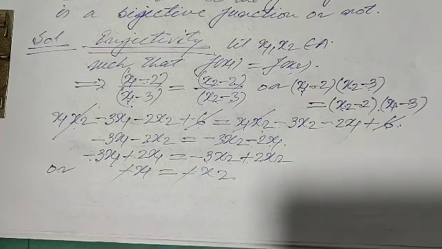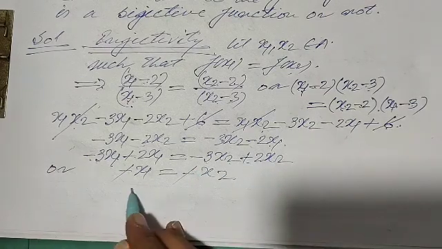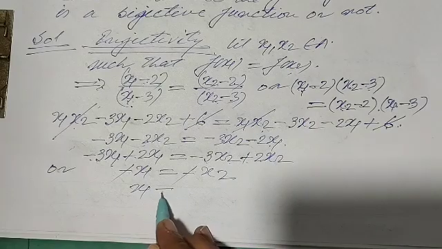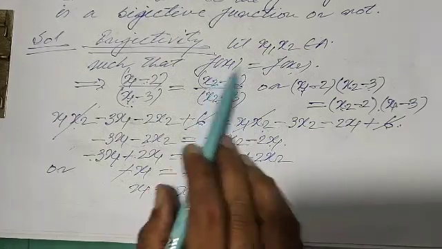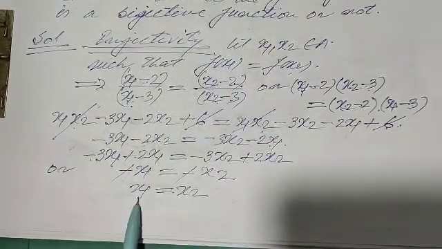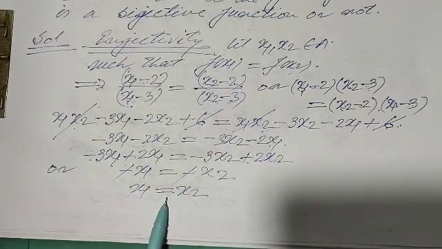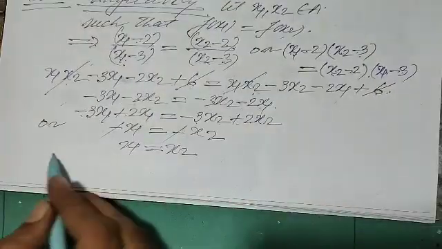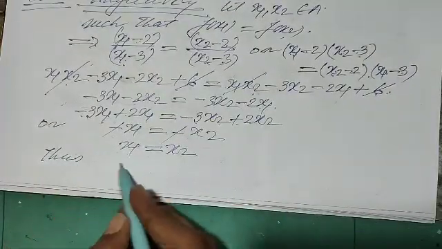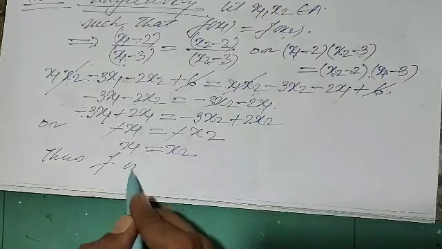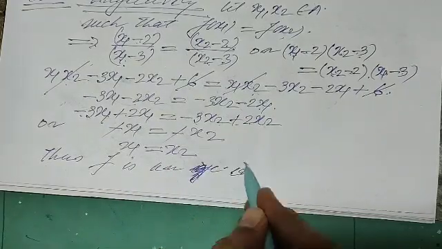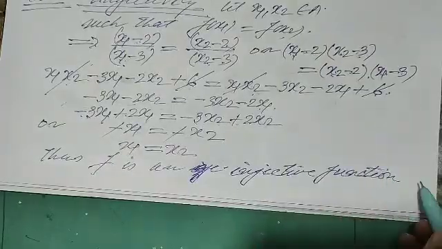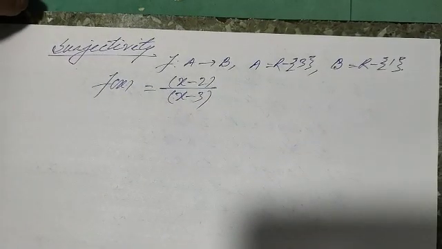These minus signs are cancelled with each other and we are left with only one condition, that is x1 is equal to x2. So f(x1) is equal to f(x2) yields only one condition, that is x1 is equal to x2. Thus f is an injective function. We have shown the given function is an injective function.